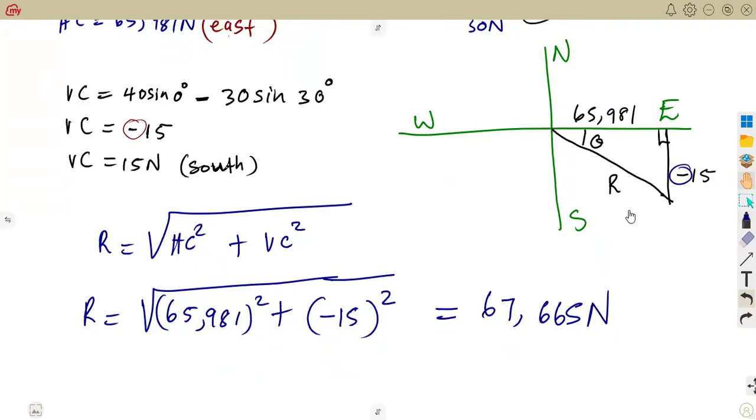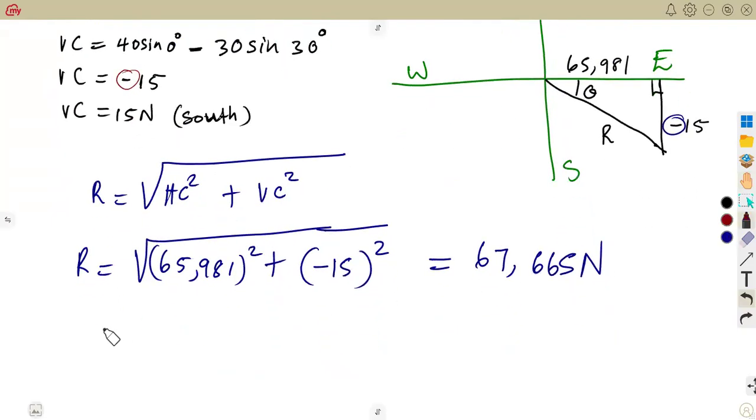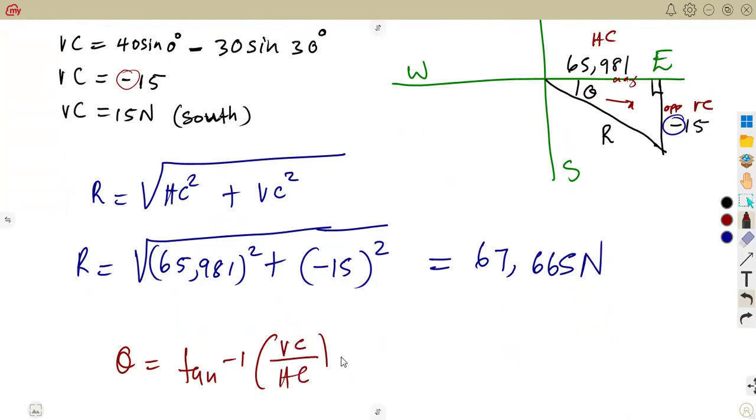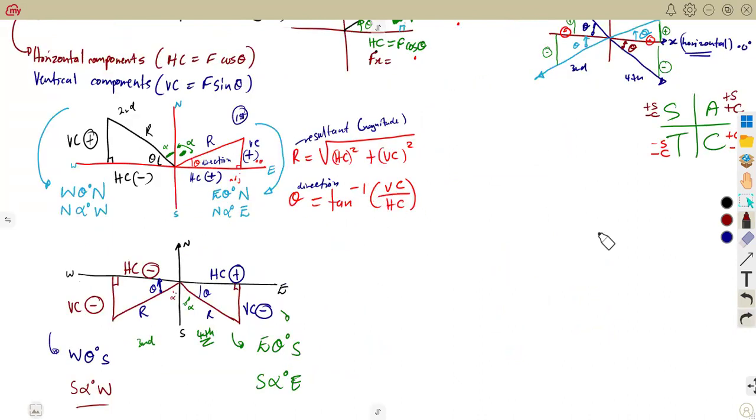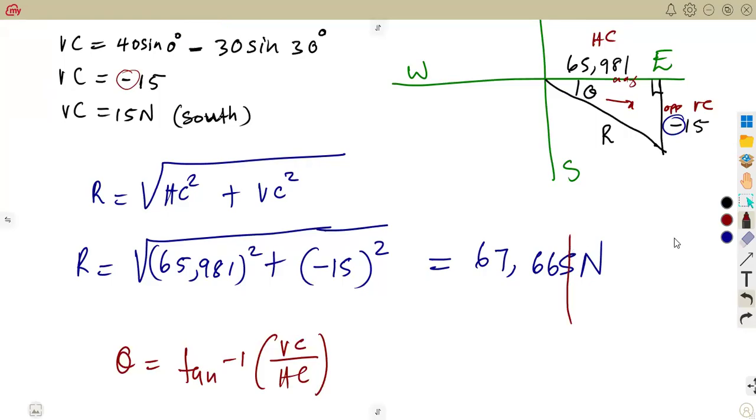Then we calculate theta, which is the direction. So our theta is going to be arctan of the opposite, according to this theta. This is your opposite, vertical, and this is our adjacent, horizontal. So that is arctan of the vertical component over the horizontal component, as we had in our formula. Sorry for that.